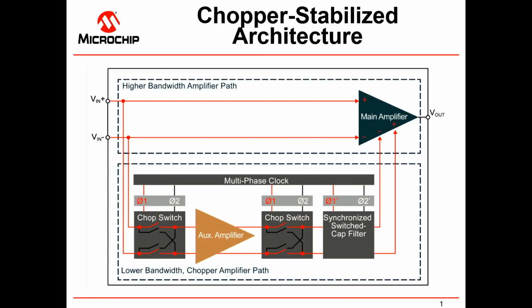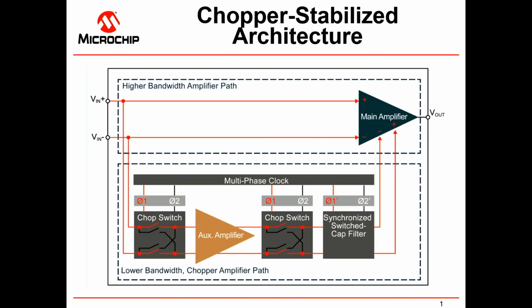What's shown here is simply just the signal path of the op-amp inside. Now, this high bandwidth part, or block, is also called main amplifier. This is your standard linear amplifier, so there's nothing special about it. And this path pretty much determines the gain bandwidth of the amplifier itself.